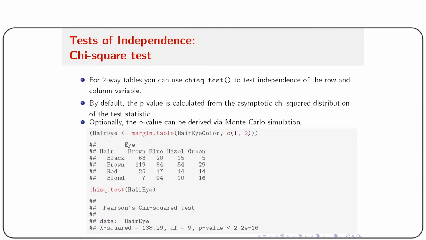So now we make that hair-eye three-way table into a two-way table by summing up the gender information. Then the HairEye table can be passed through the chisq.test, and it will give you the chi-square value, the degrees of freedom, and the p-value. And the p-value, as you can see, is much lower, so it is statistically significant.